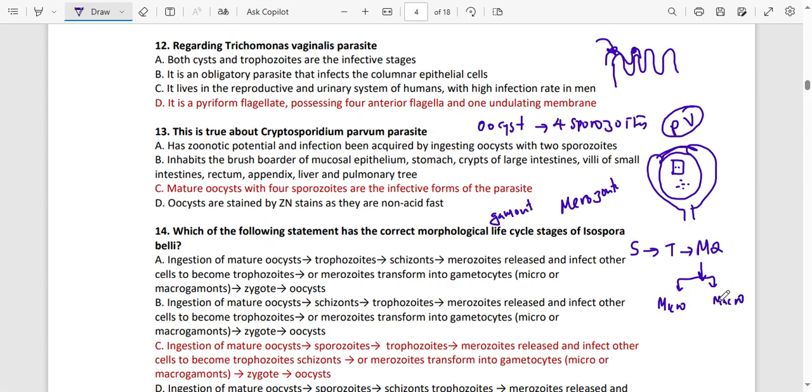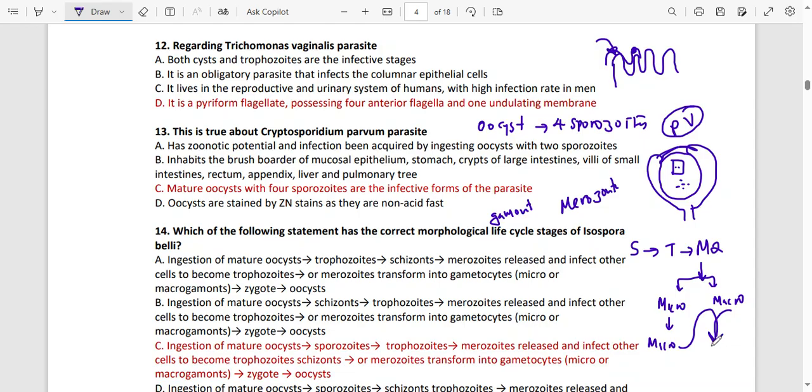And the microgamont, which is the male, is going to produce microgametocytes. You get that? The gametocytes. And then the microgametocytes are going to go and fuse with the macrogamont, which are the females.